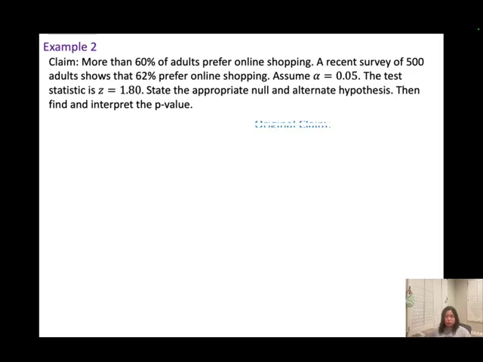So first, think about it. What is your original claim? More than 60% of adults prefer online shopping. Think about which population parameter they are working on. Are they working on the proportion or the mean? They never mention the mean or standard deviation, so that would be the proportion, right? And then more than 60%, so we have strictly greater than 0.60. Now I want you to try to find the null and alternate hypotheses.